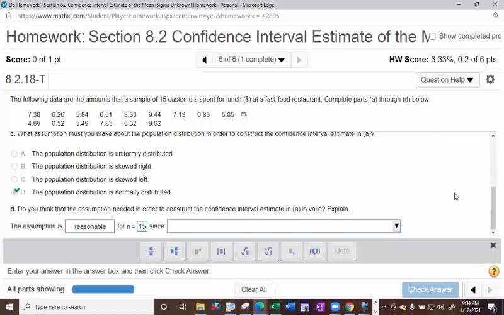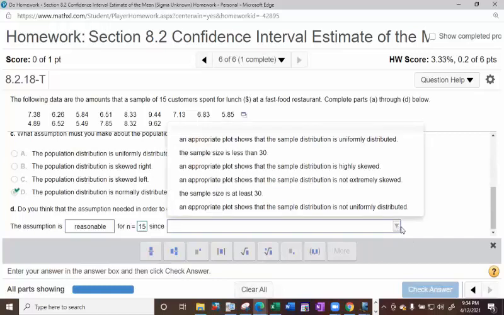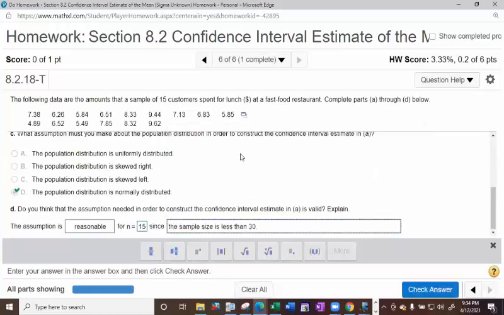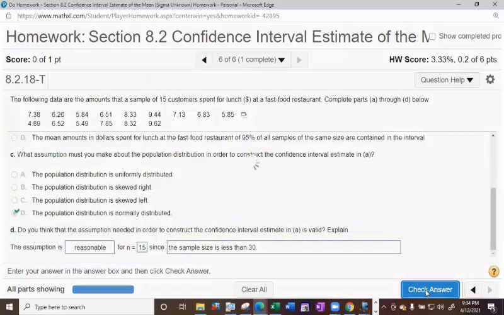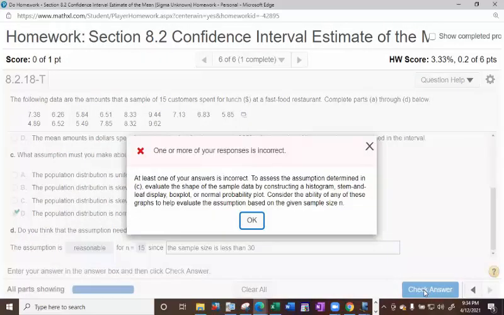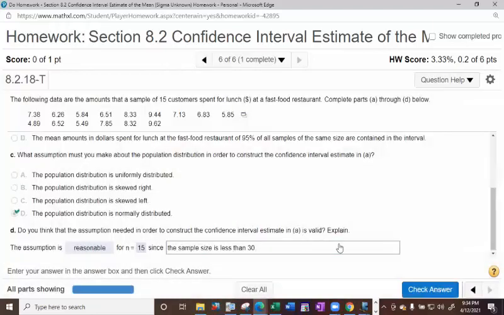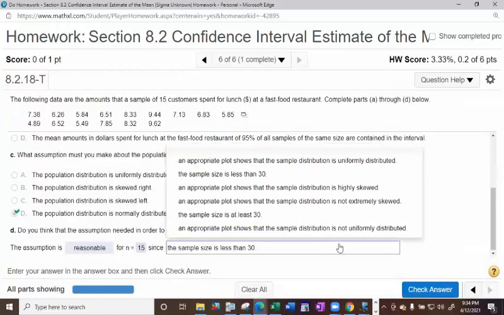I mean, it's definitely needed, but the reasoning doesn't make sense here. Oh yeah, sample size is okay. I was reading it the wrong way. Hopefully it'll be this. Nope. It has to do with the plot. Well, this question is weird. I should have read that thing a little bit more carefully.